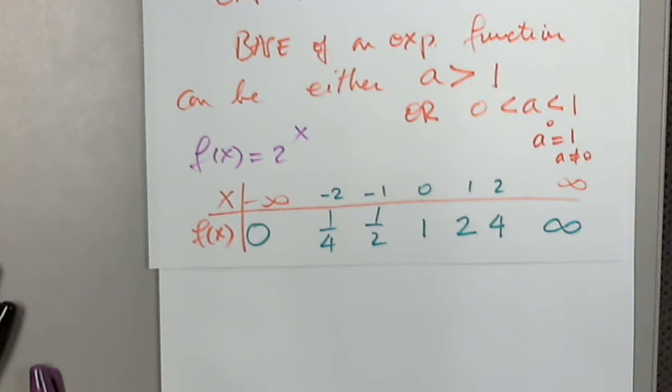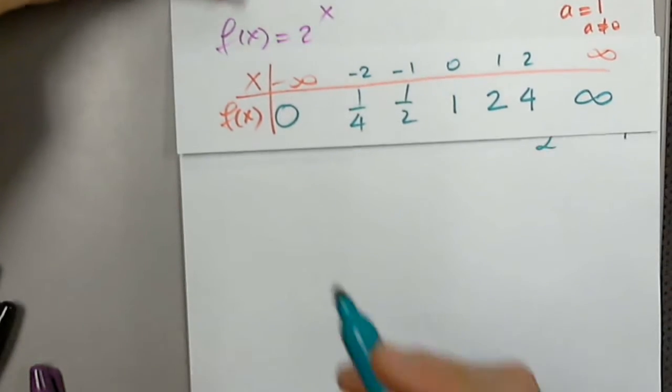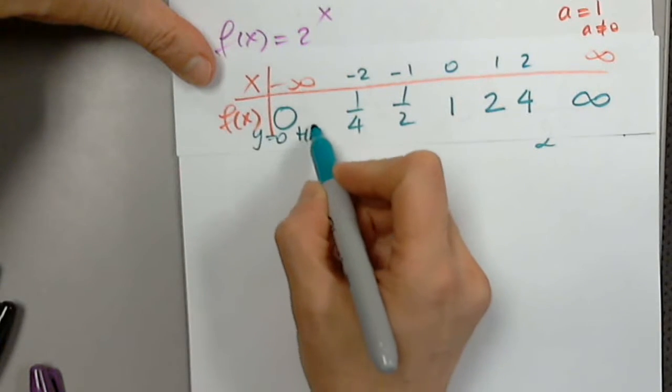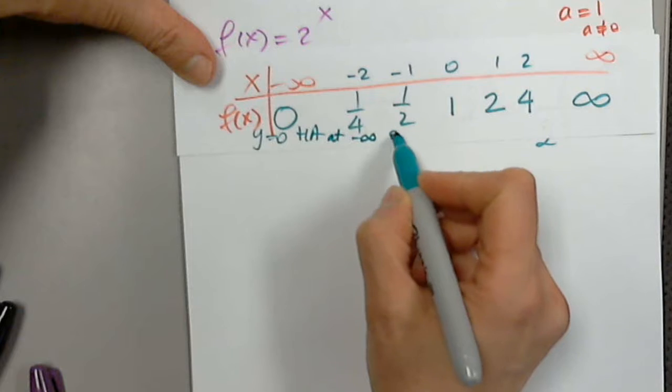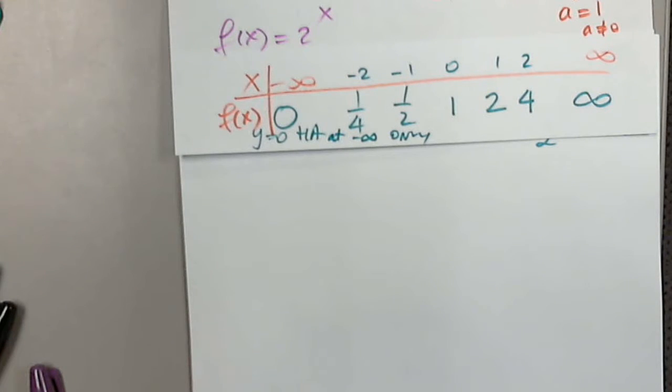If when the x values go to -infinity, the function values get closer and closer to a number, in this case to 0, what is that concept? Horizontal asymptote. You forgot from the previous chapter? So y equals 0 is a horizontal asymptote at negative infinity only, right?